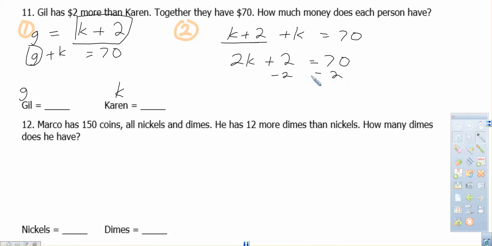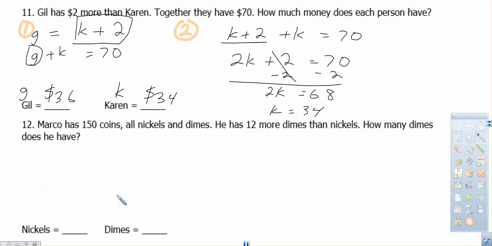Subtracting 2, that's 68 equals 2K. And K equals 34. Karen has $34. Okay, now we know that Gil has 2 more than Karen, which means that Gil has $36. Do those two add up to be 70? Yes, they do. So therefore, we know our answer is right.